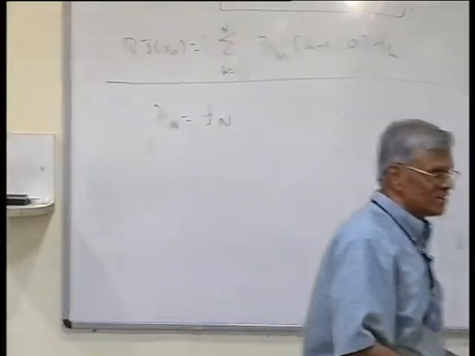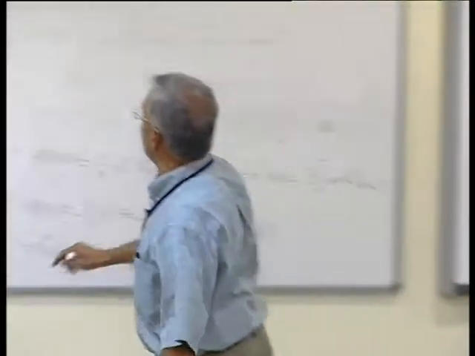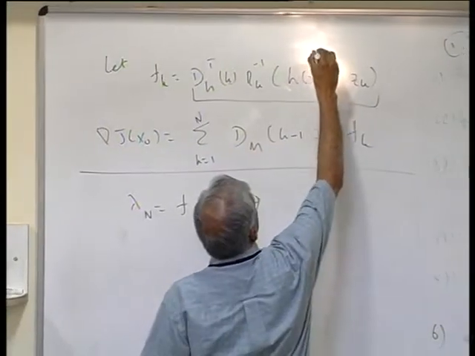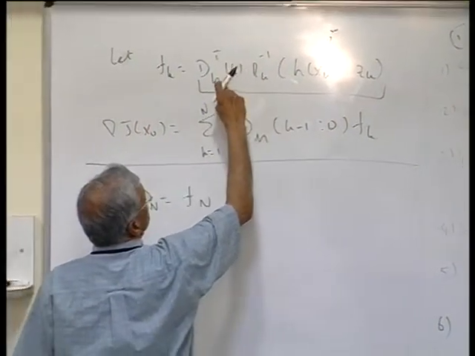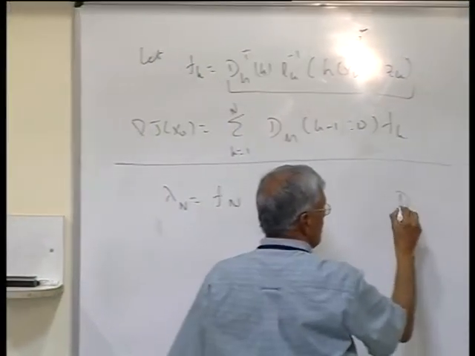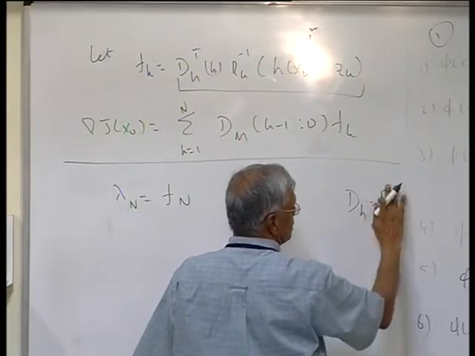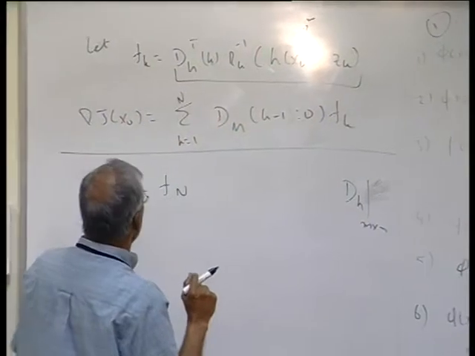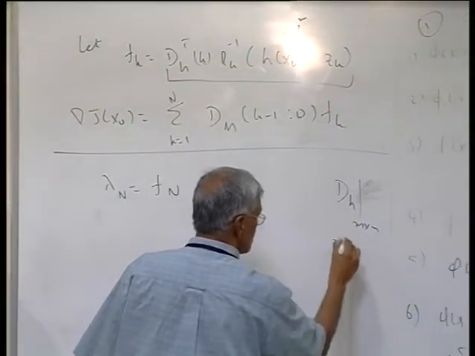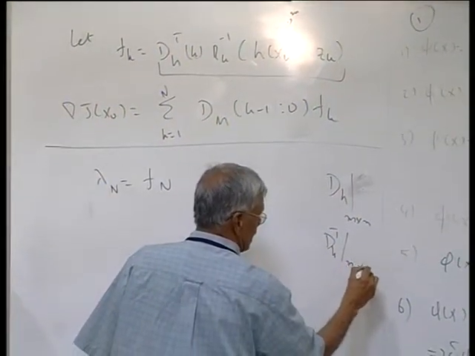Now let us see what the size of that vector is. This lies in Rm. This is Rm by n. This dh is m by n, so dh transpose is n by m.